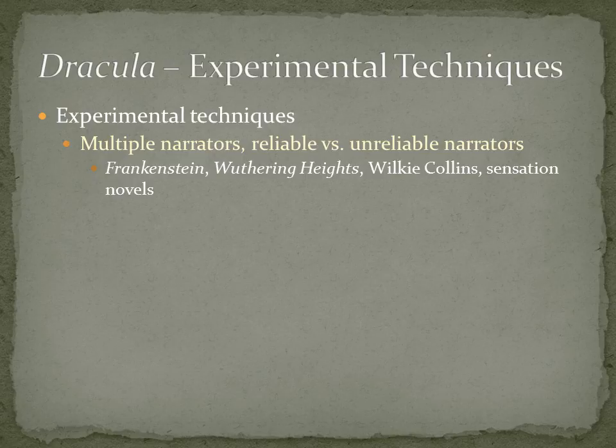Wuthering Heights introduces the idea that they might be unreliable, that they might not be remembering things correctly when they recount the past, that they might be biased or want to represent things in a certain way, and both individuals who narrate that novel are unreliable to a degree, not a great degree, but a significant one for different reasons.